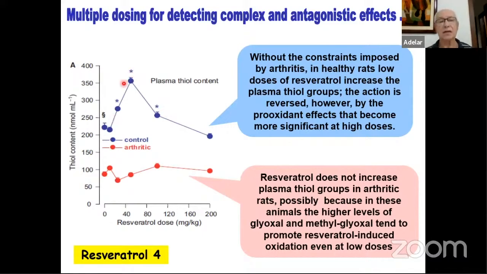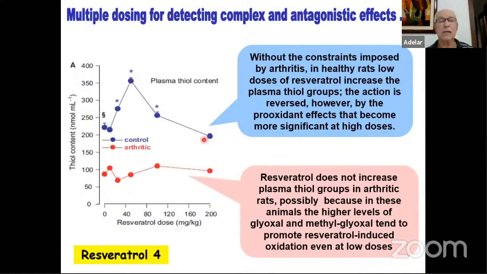This is an antioxidant effect. The plasma albumin concentration was not changing, in fact, but its ability to have antioxidant effect has increased when resveratrol was given in a concentration-dependent manner, but there is a maximum here and a decline afterwards.